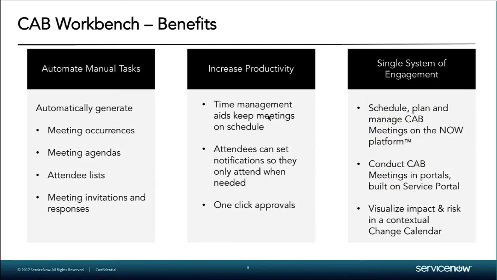Some of the benefits that the CAB Workbench provides over what previously existed: the CAB Workbench will automatically generate meeting occurrences for you, automatically generate agendas for those meeting occurrences, the attendee lists that go along with those meeting occurrences, and we will generate notifications to attendees of those meetings that come in the form of an iCal event that users can add to their standard calendaring tools, such as Outlook.